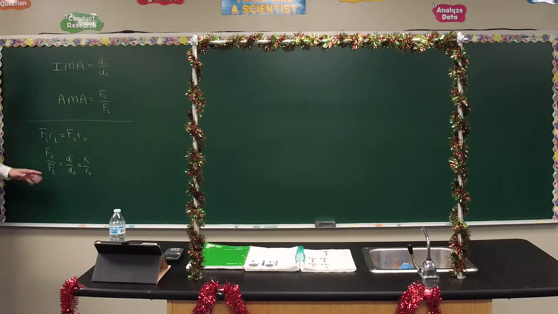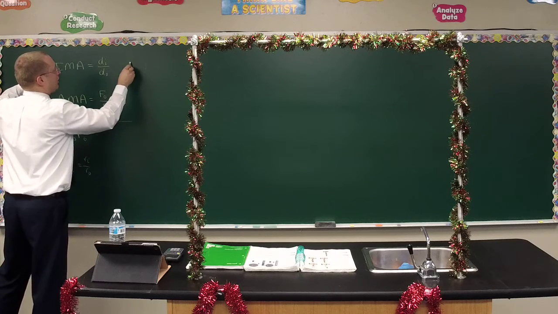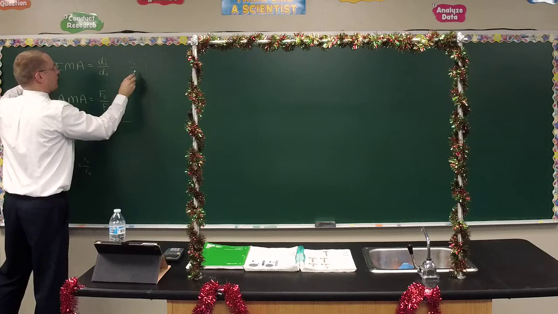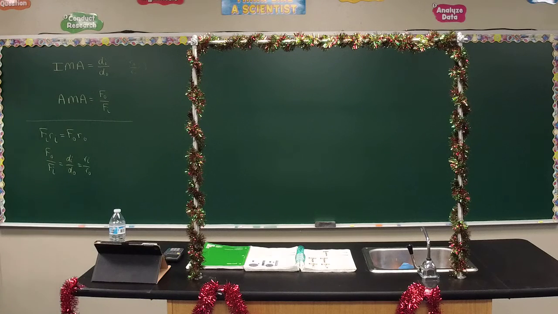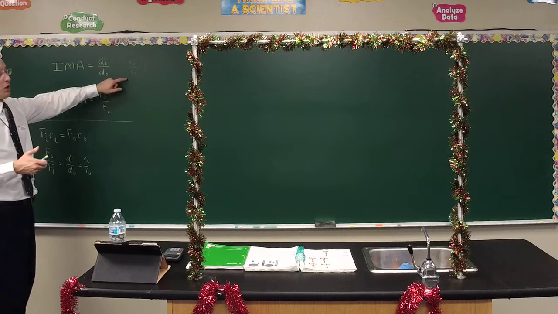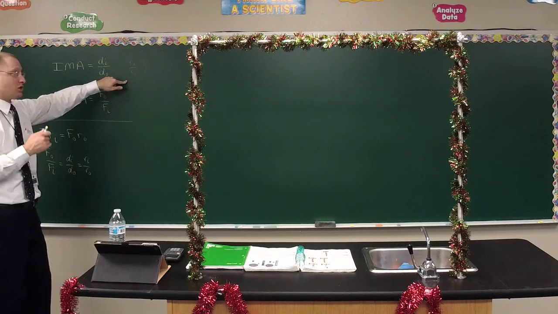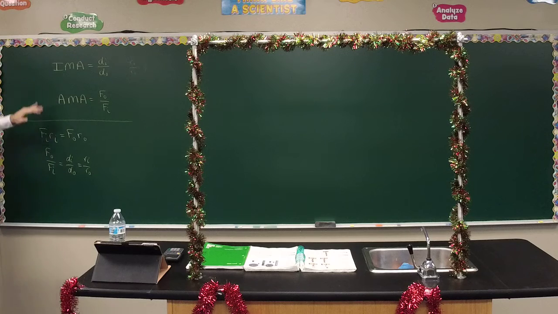Because we said that for a lever, the IMA could be written input lever arm over output lever arm, because the distances will be proportional to the lengths of those lever arms. So we had AMA and IMA, both of these could have worked for the lever. If we're finding a lever's IMA, I would usually go with lever arm ratio versus distance ratio. AMA, just output over input.